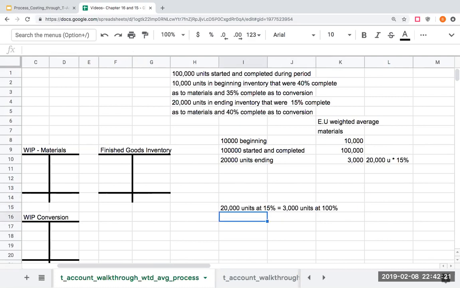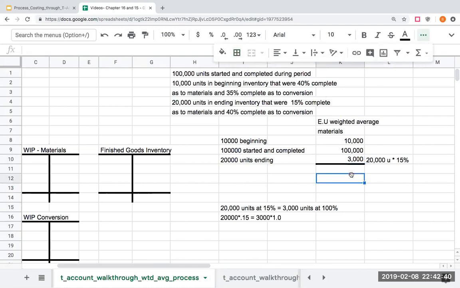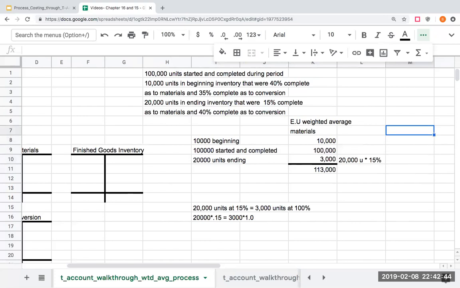So if you take 20,000 times 0.15, this is going to be the same as 3,000 times 1.0, or 100%. So when we think about equivalent units, I can't compare this to this unless I make them equivalent. So right over here, my total equivalent units for materials will be 113,000.